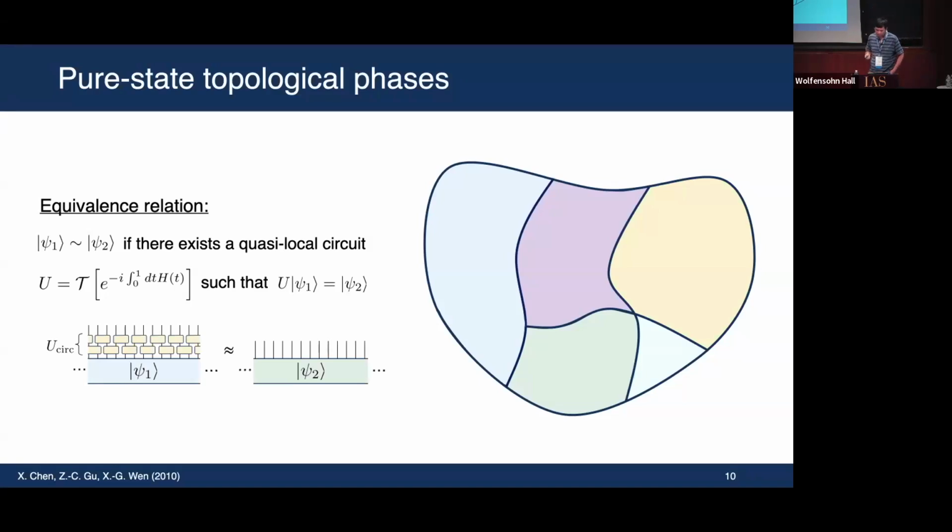This equivalence relation defines what we mean by phases. Then we can talk about the trivial phase, which is the unique phase connected to a product state, and then there are various kinds of non-trivial phases. To go from one point to another, you have to cross a phase transition where the gap closes. This is our usual notion of phases in ground states.